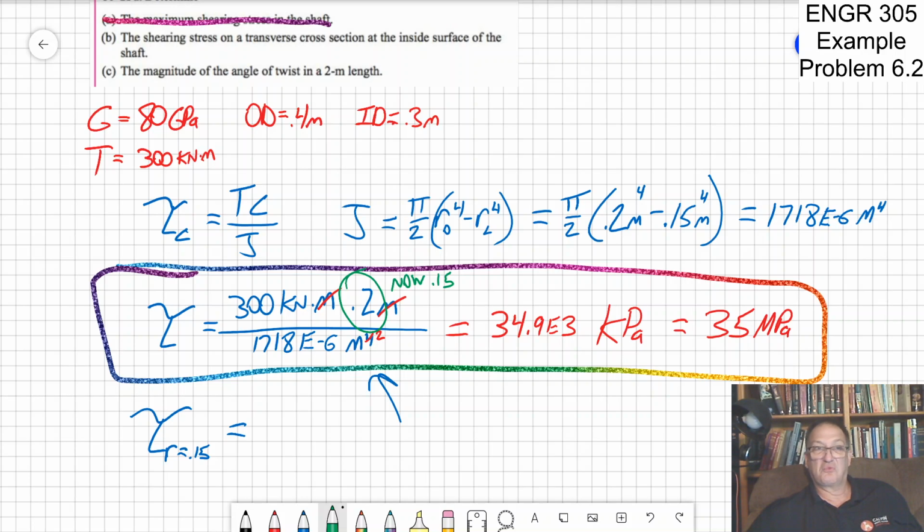I don't really think that's something I need to calculate. I would divide that by 4, get about 9, and subtract 9, it's about 26. So I would round that and say 26 megapascals.